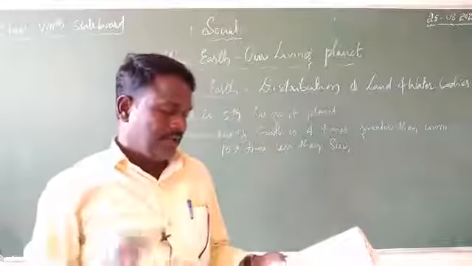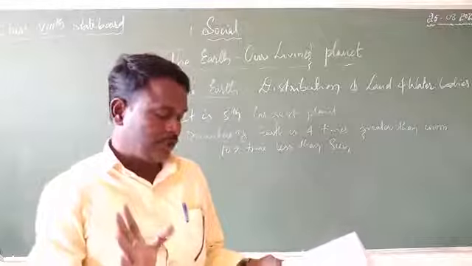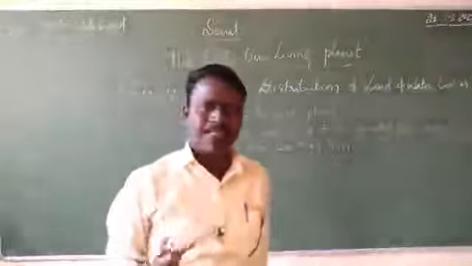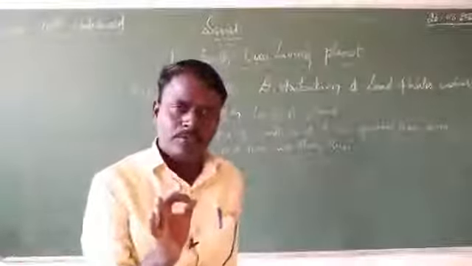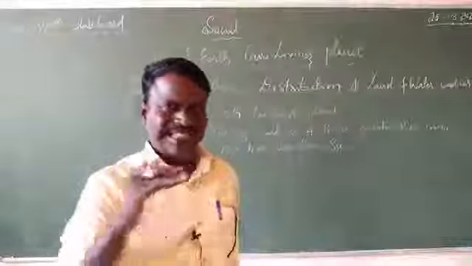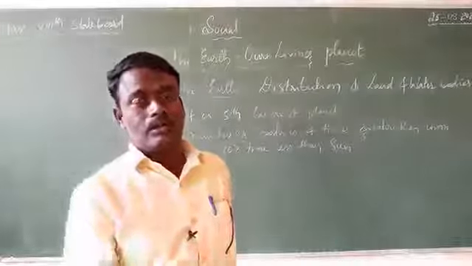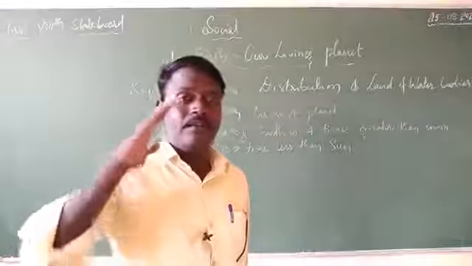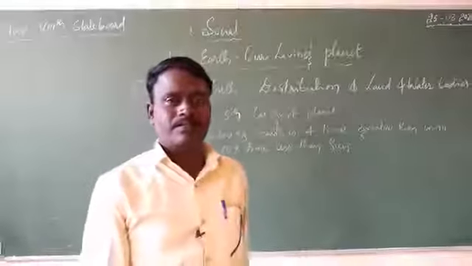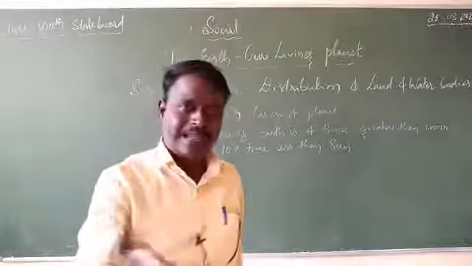Thus the earth has an unequal distribution of land and water. By this we can understand very easily that there is uneven distribution of land and water over the earth. Land is less and water is more. 71% of the earth's surface is covered with water and only 29% is covered with land.